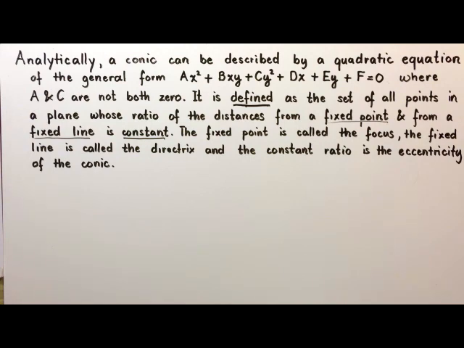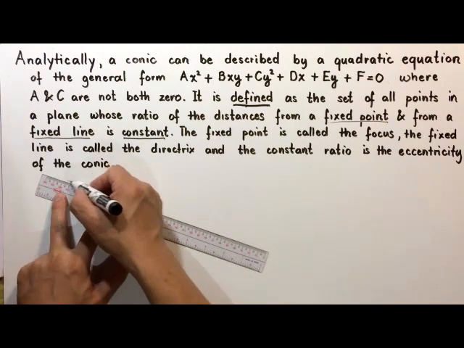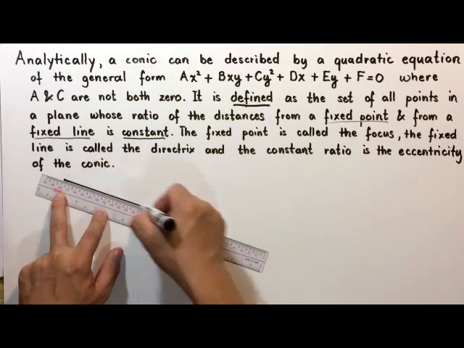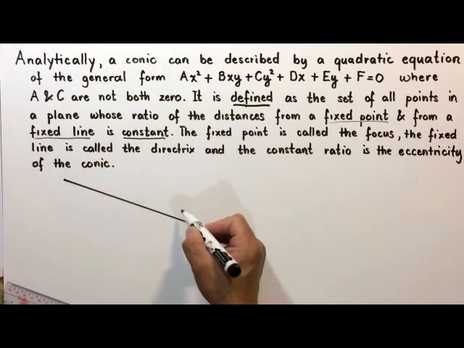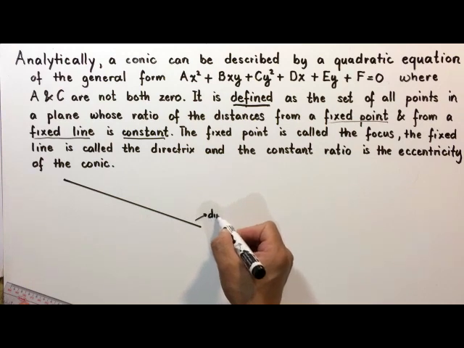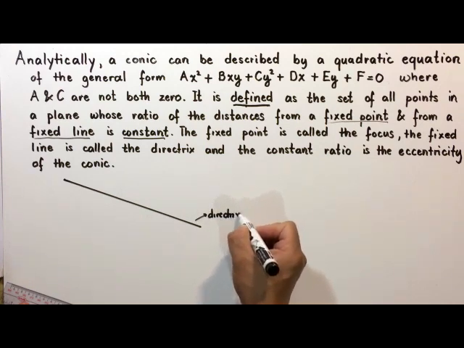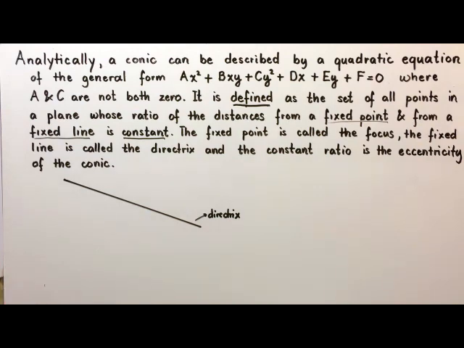So, to illustrate, suppose we draw here a line. And this line is called the directrix of the conic. So, if I have here a curve, or specifically we call it a conic, there is what we call a fixed point, and this fixed point is what we call the focus.